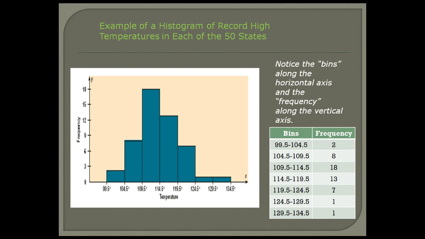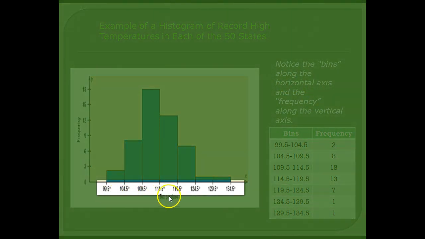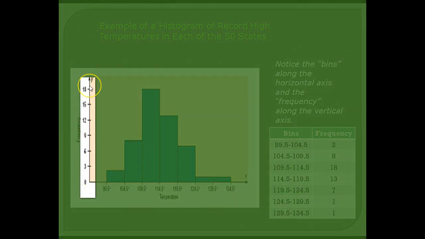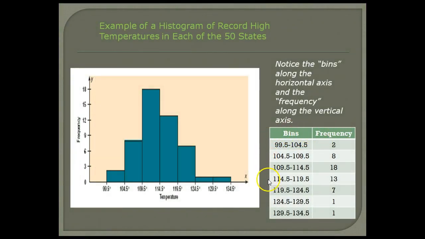Here is an example of a histogram that's showing the record high temperatures in each of the 50 states. Notice the bins along the horizontal axis, and notice the frequency along the vertical axis. Here I have my frequency distribution constructed. I have my bins located in one column and the frequency that occurred in the other column.